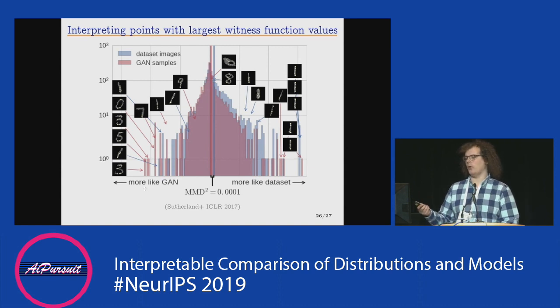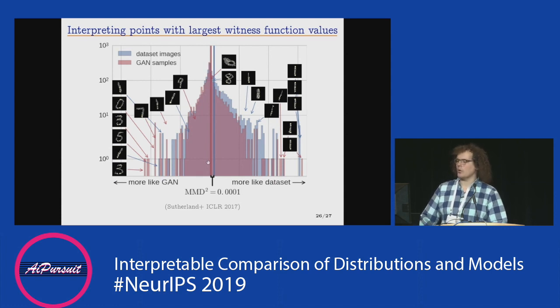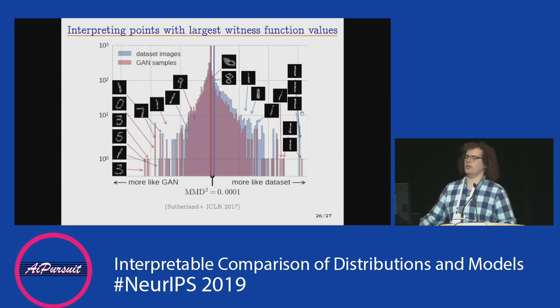But the MMD value is very small, and it turns out the variance is really, really small, so you can get a really confident test. Also, the points that the witness function thinks are most like the data set are these images. And so you might look at this and say, okay, it seems like maybe the GAN is underproducing these vertical ones, and it's overproducing images that look like this.